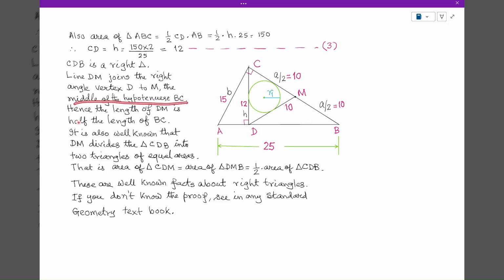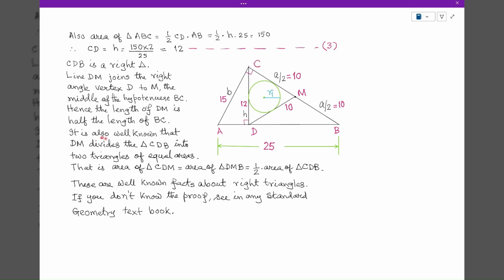Hence, the length of DM is equal to half the length of BC. This is half the length of BC, this is also half the length of BC, and these two half lengths are equal to this length DM.